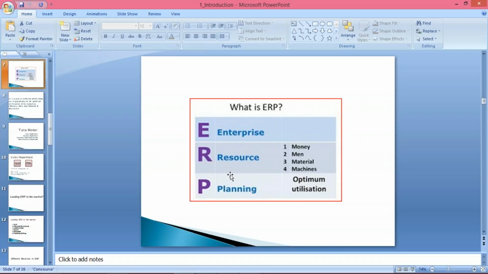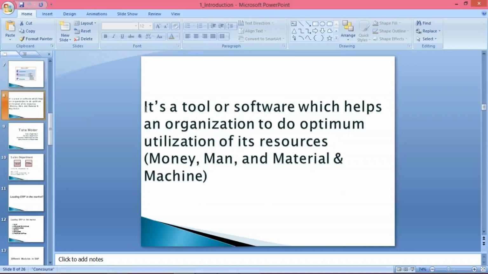Now, planning. Planning about what? Planning about the optimum utilization, which means maximum utilization. Maximum utilization of what? Maximum utilization of resources, the resources of an enterprise. Enterprise means an organization. So the simplest definition of an ERP is that it's a tool or software.